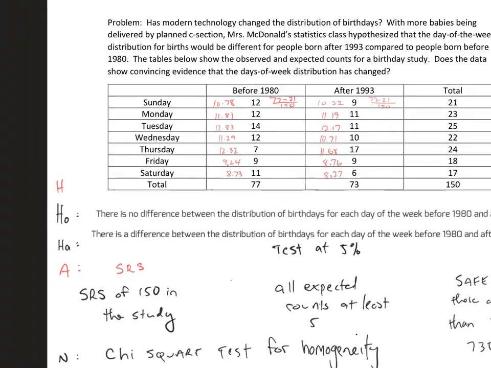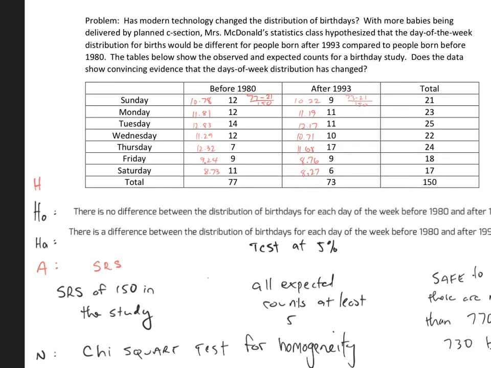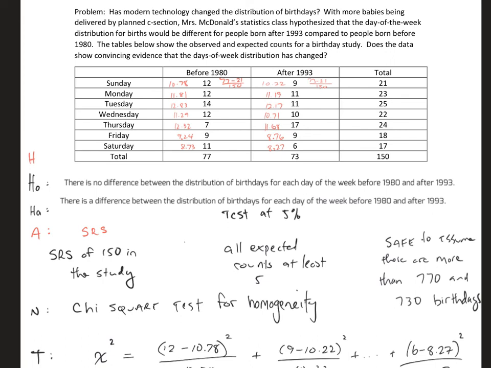So the null hypothesis would be that there is no difference between the distribution of birthdays for each day of the week before 1980 and after 1993. The alternative is that there is a difference between the distribution of birthdays for each day of the week before 1980 and after 1993, and we're going to test at 5% significance. We are going to assume that there was a simple random sample of 150 people in the study.